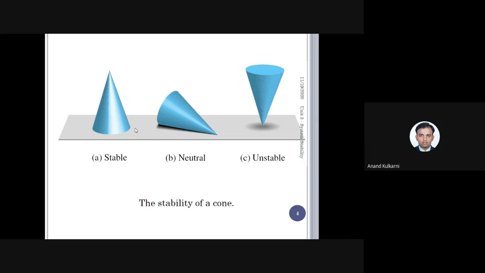Here, if you apply a small force, it will start rotating or moving, but it will stay on the ground only. In the third case, it is unstable because it is resting on a point. Even a small disturbance will make this cone fall. It is a crude way of explaining what is meant by stability, not the actual theoretical way.